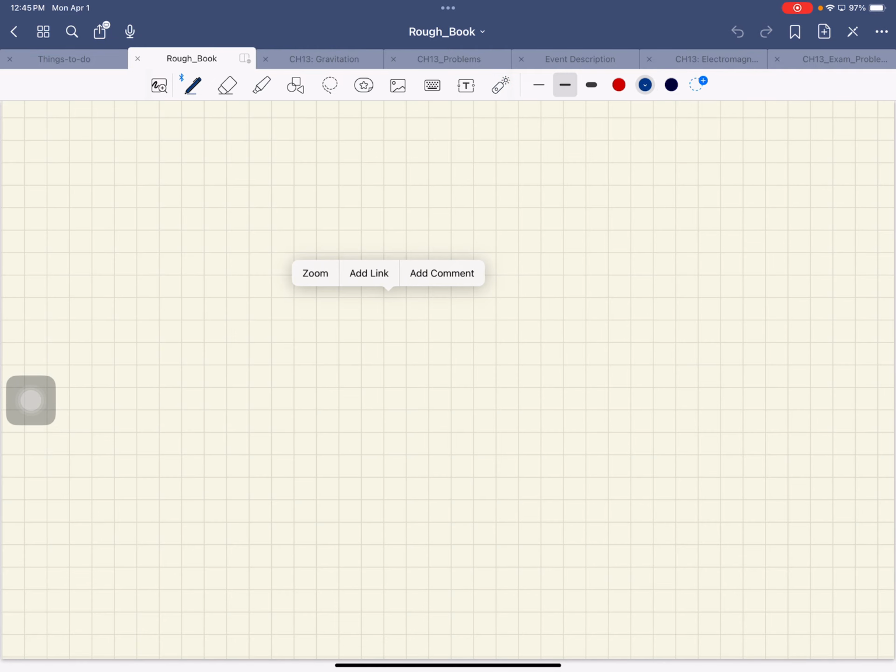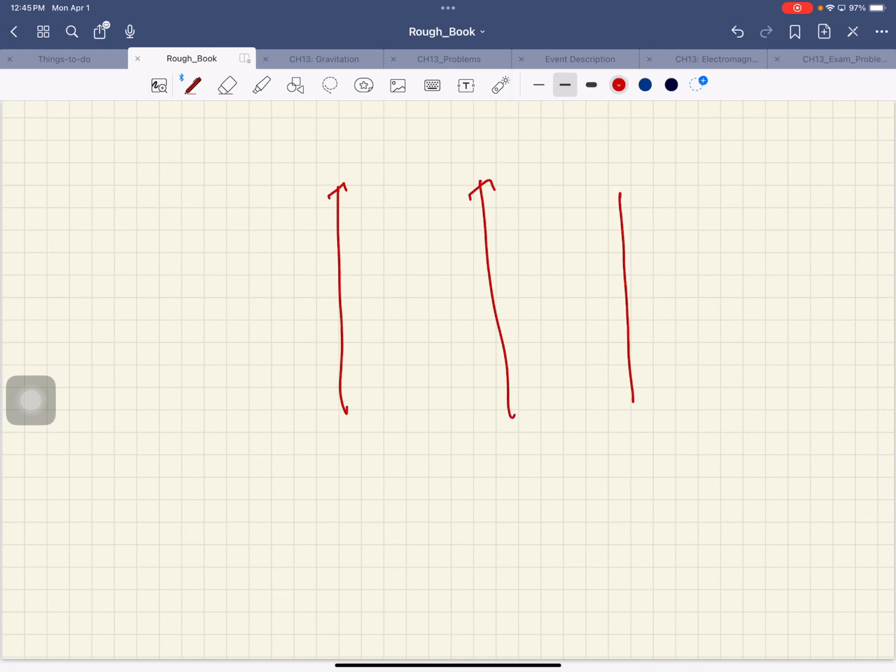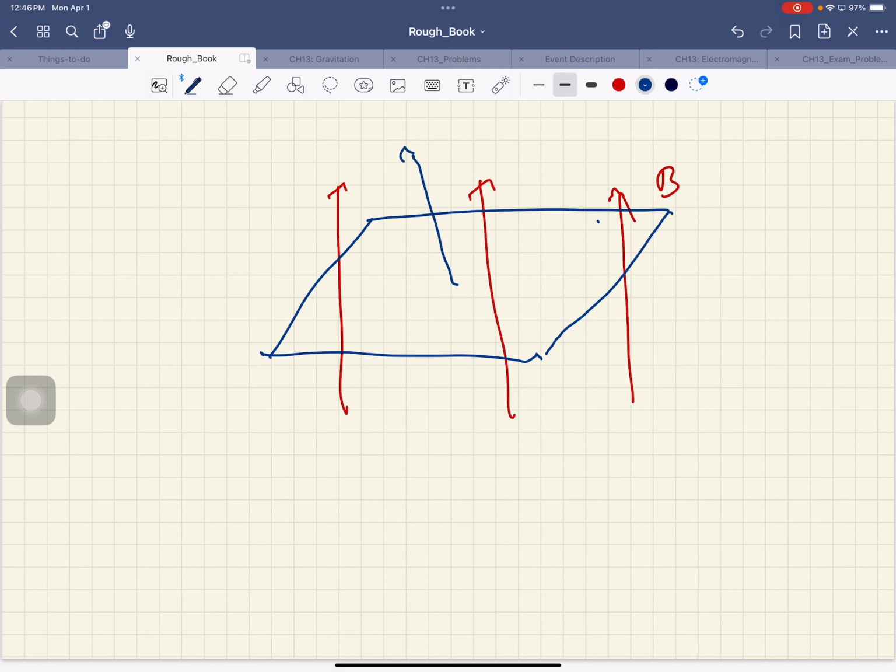So let's say this is B. I'm going to hold B constant, and here's the area vector.